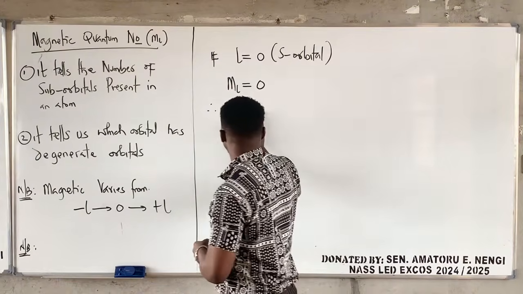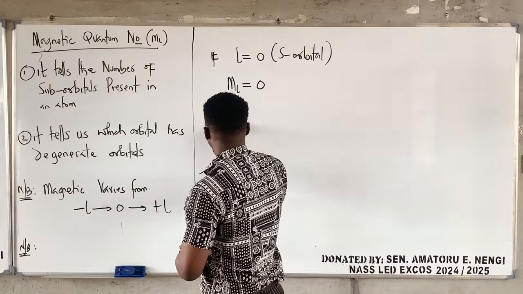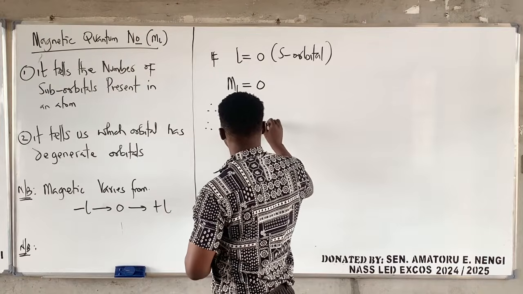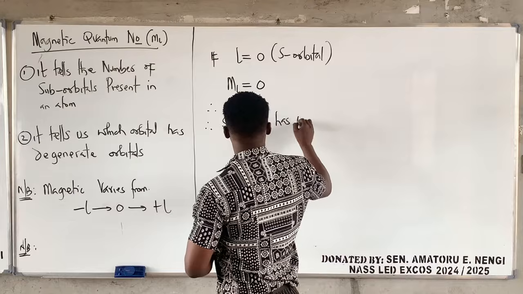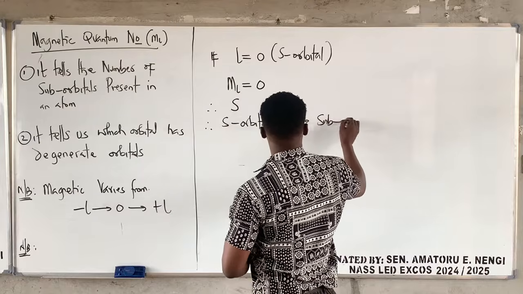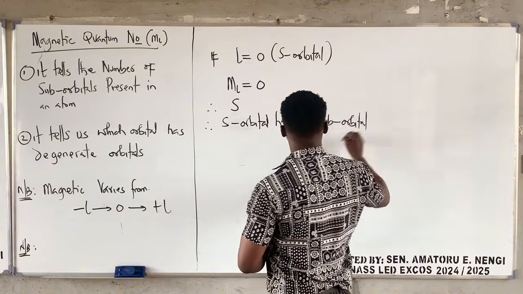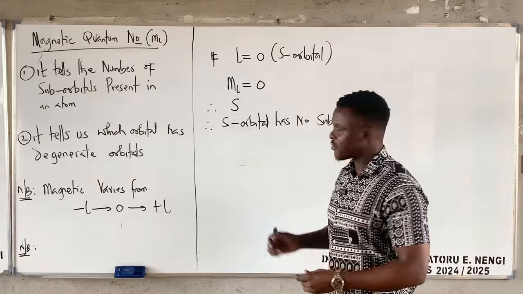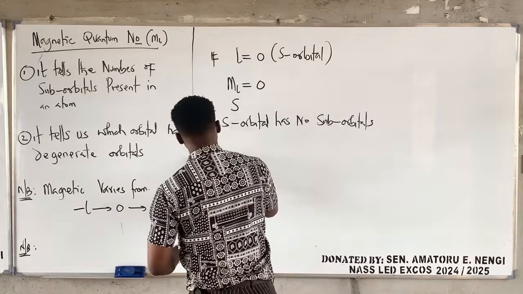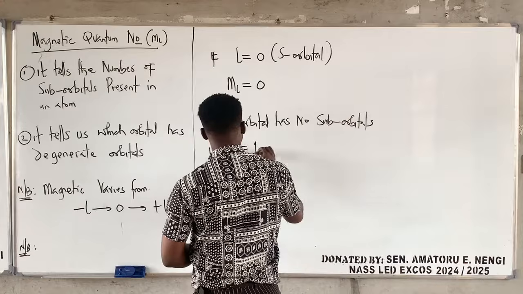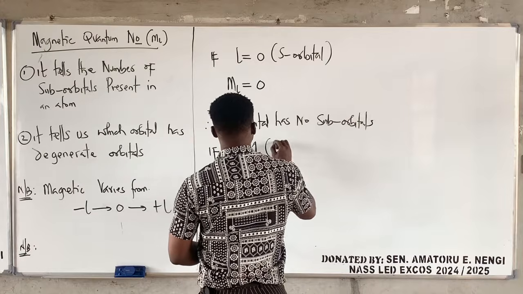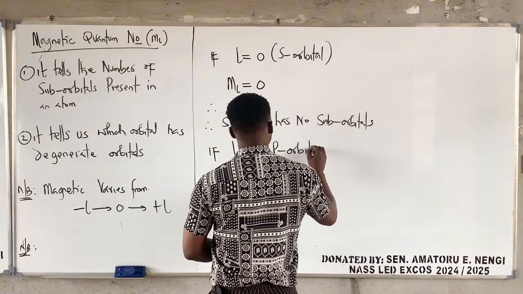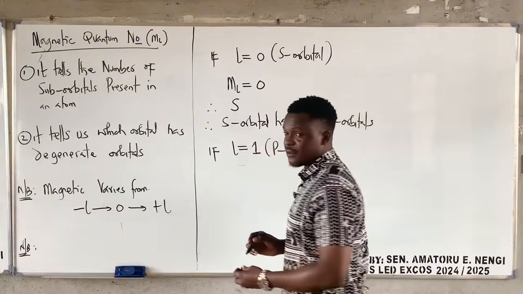So S orbital has no what? Suborbitals. Now what if L equals 1, which orbital is that? P orbital.